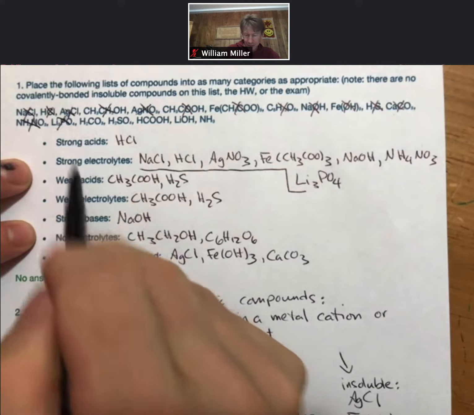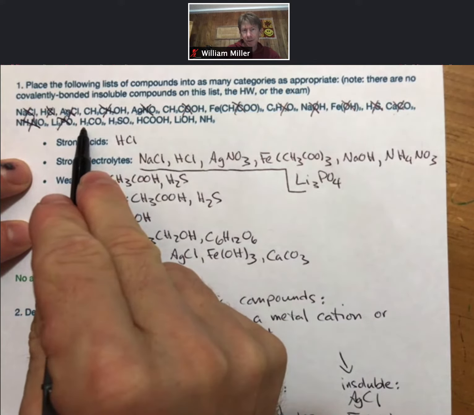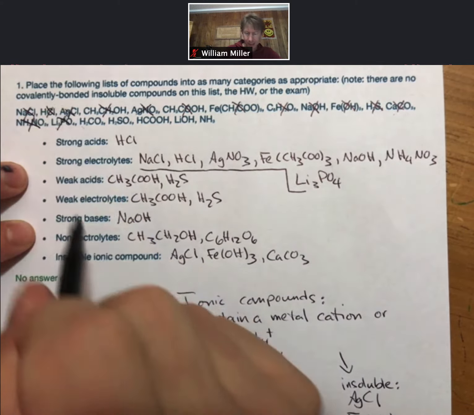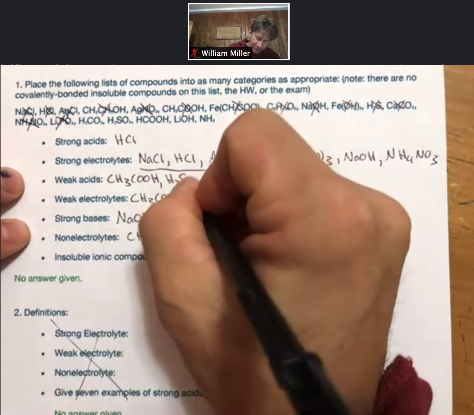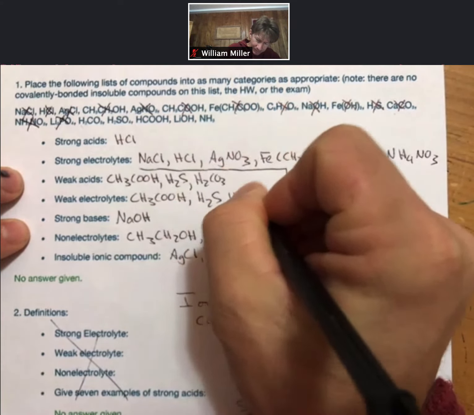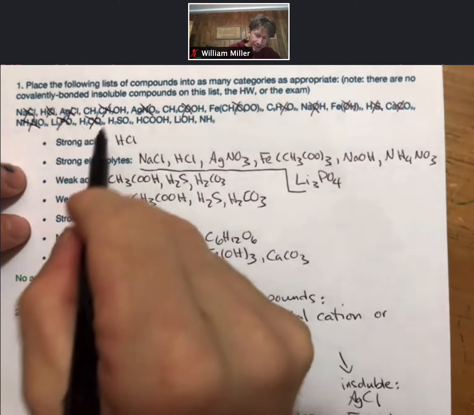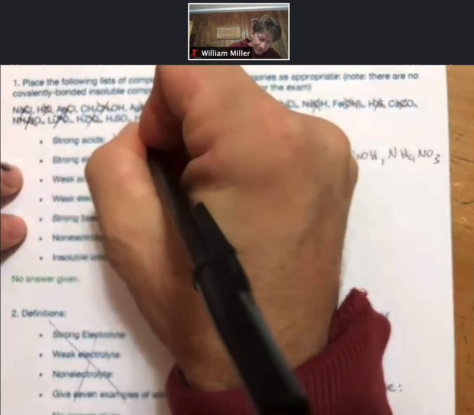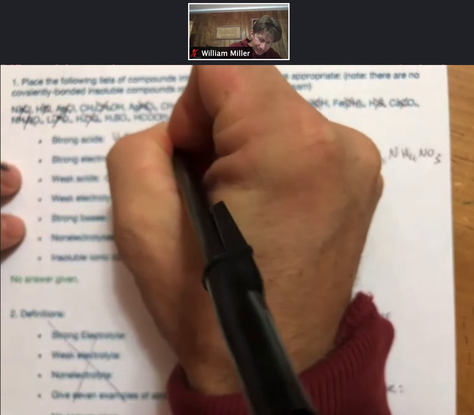Carbonic acid, H2CO3, has an H or more in the front and is not a strong acid. So it is a weak acid and therefore a weak electrolyte. Sulfuric acid is a strong acid. Also put it in the strong electrolyte camp.